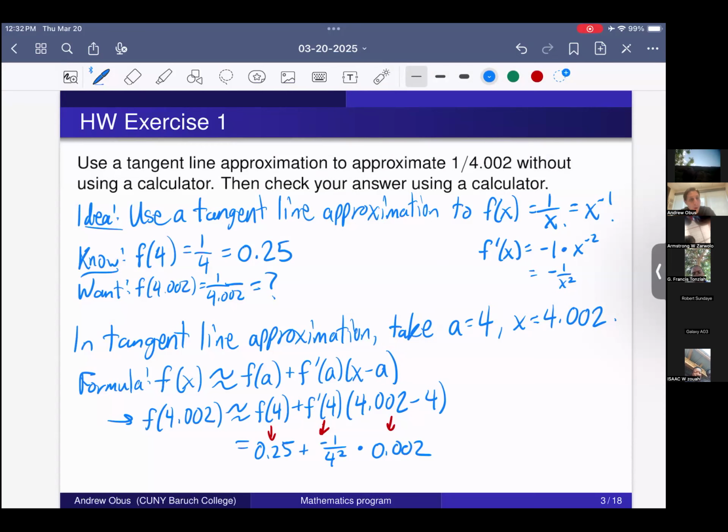So f prime of 4 is negative 1 over 4 squared. And so what does this all come out to be?